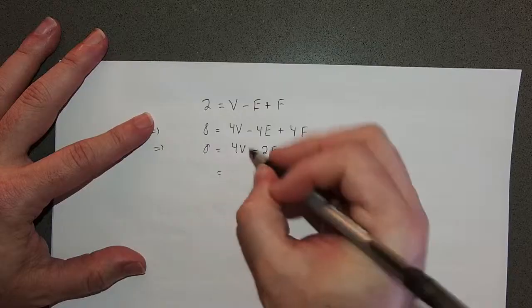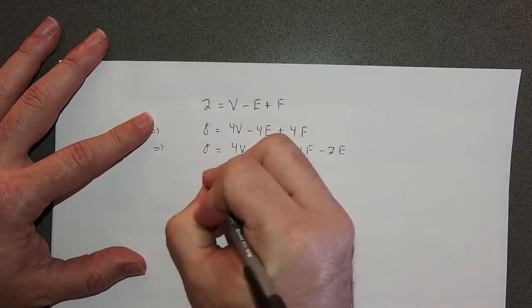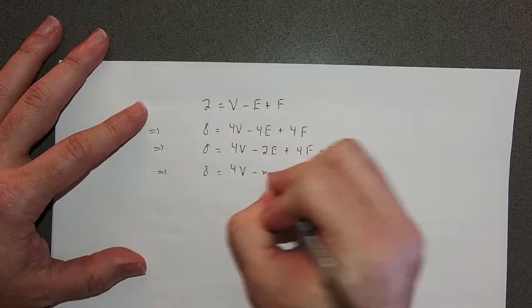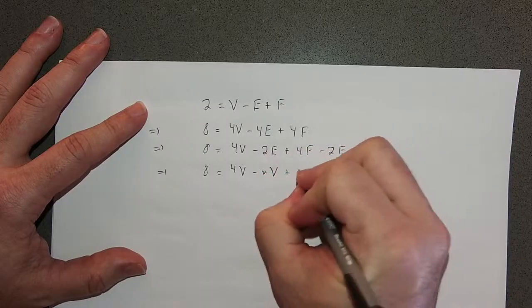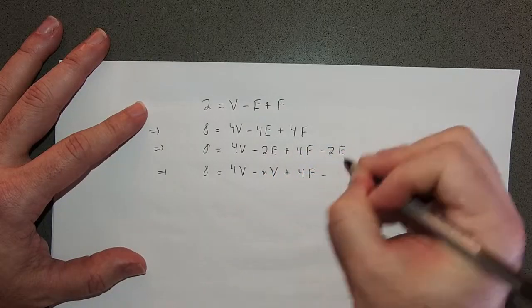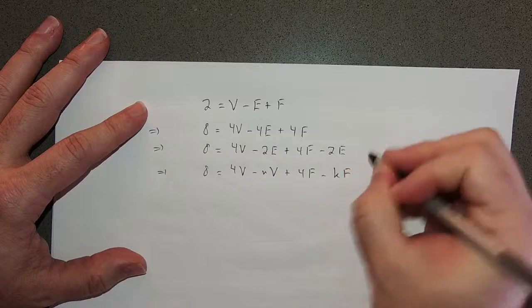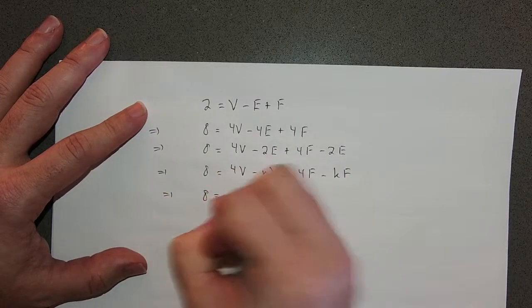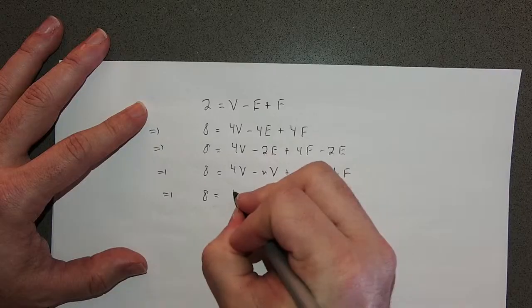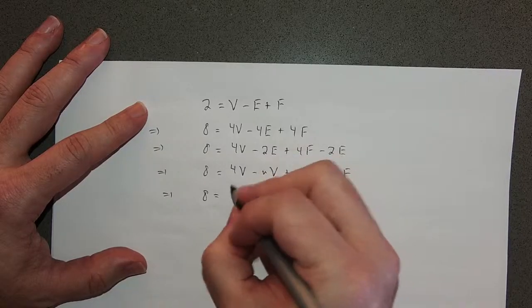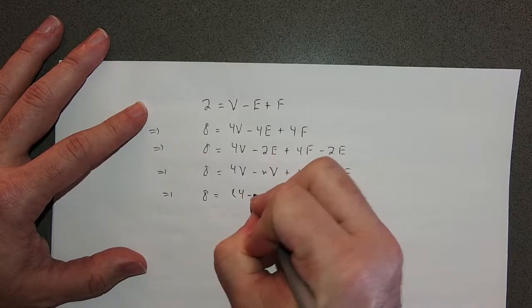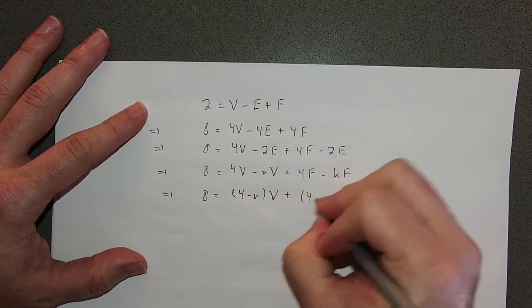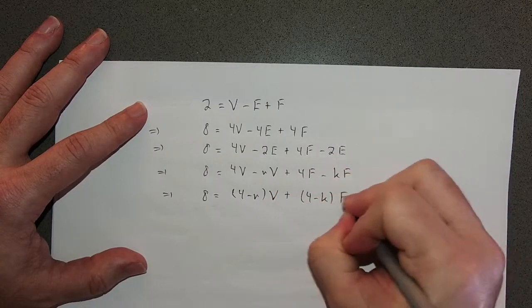So this is going to be 4v minus rv plus 4f minus kf. So now this has a v in common, this has an f in common. So this is 8 is equal to v times 4 minus r, so 4 minus r times v, plus 4 minus k times f.